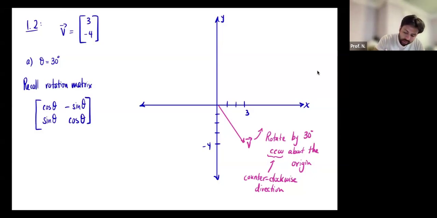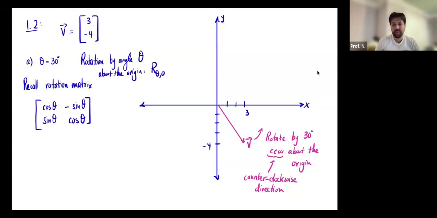So the rotation by angle theta about the origin, I'm going to write as R theta comma 0. So theta is the angle of rotation and 0 is the origin. This is a linear transformation.